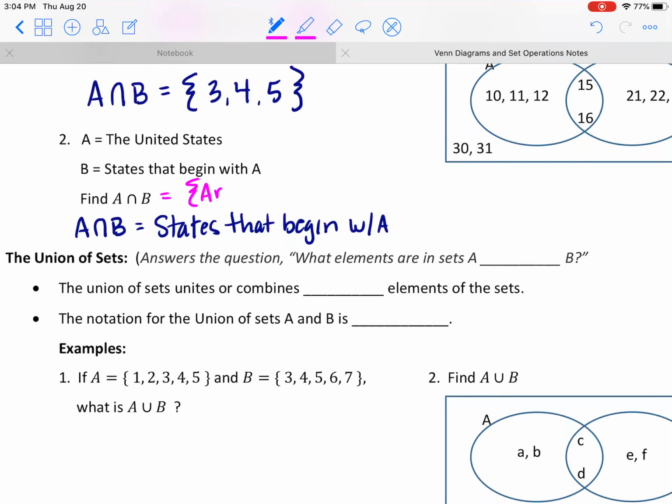So I know we have Arizona, get put on the list. Let's see, Alaska, Arkansas, Alabama, and... I am in my head scanning a map of the United States.